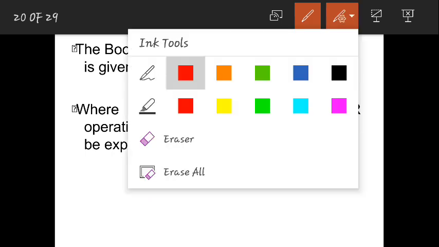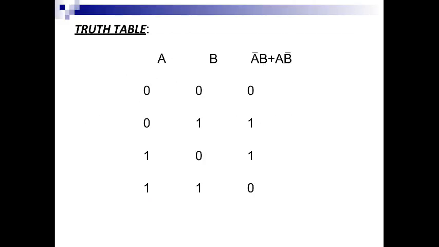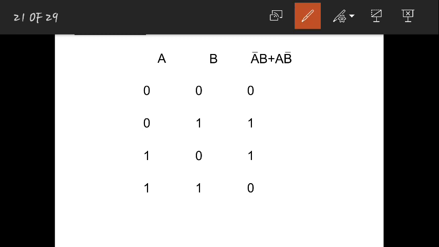Now we will see the tabular truth table for this. In this XOR gate operation, whenever I give two inputs as 0, the output will always be 0.